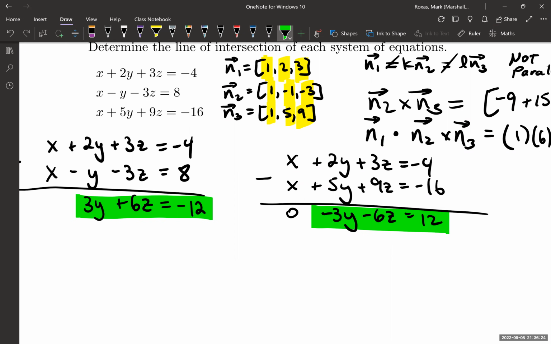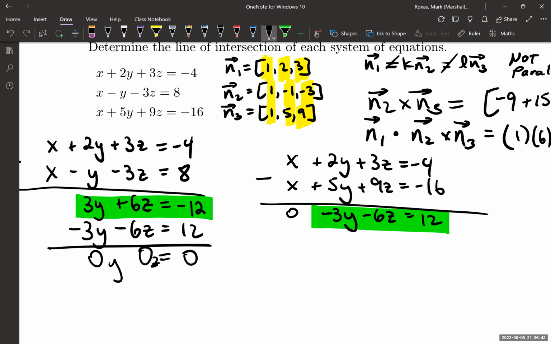If I put one under the other, -3y minus 6z equals 12, and try to eliminate one variable to get the other, it won't work, because I'll just end up eliminating both variables: 0y plus 0z equals 0. 0 equals 0. So this serves as a check that you're not going to encounter a point of intersection. You're just going to encounter a line of intersection.